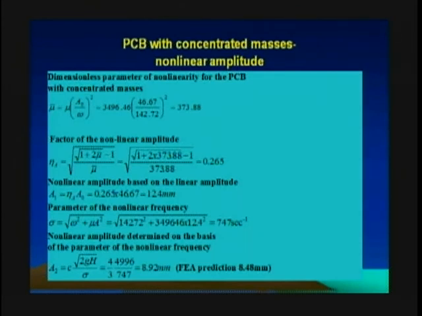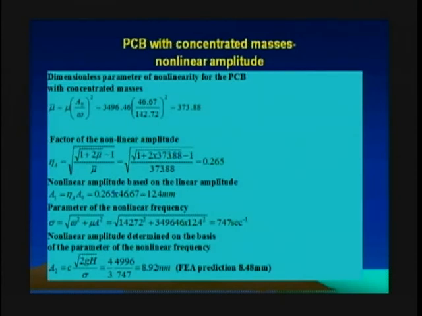The parameter of the nonlinear frequency is 747. Let's remember it. Now we'll find the nonlinear frequency itself. And the nonlinear amplitude determined the basic parameter of nonlinear frequency. That's another approach. Was 8.92.